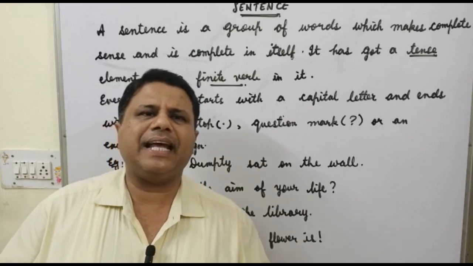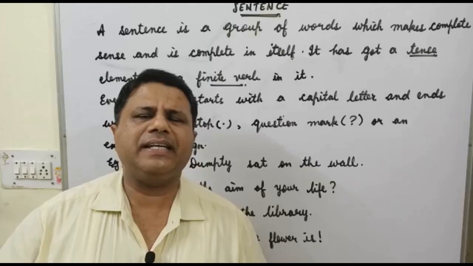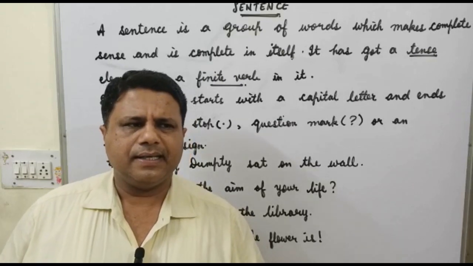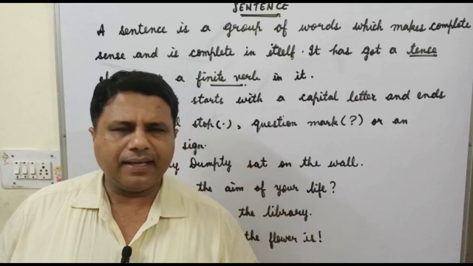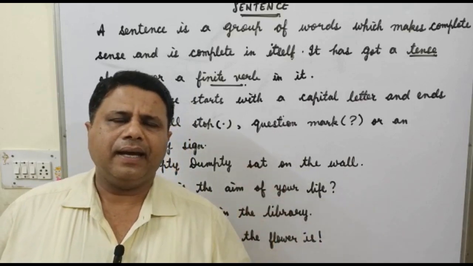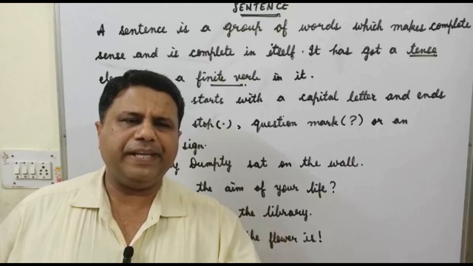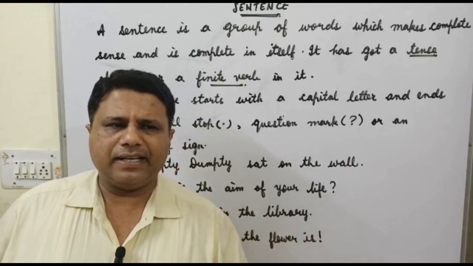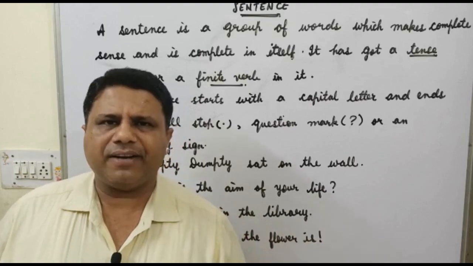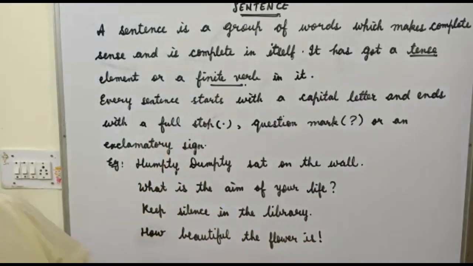So this is the definition of a sentence. There are 4 things in a sentence: a group of words, a tense element, complete meaning, and the fourth thing is that it is complete in itself. It does not need something more or something extra to complete its meaning.